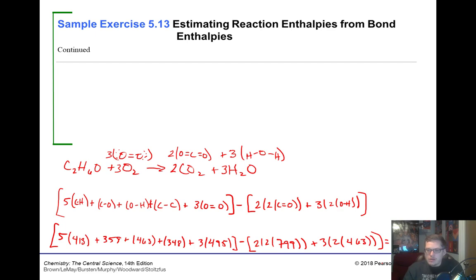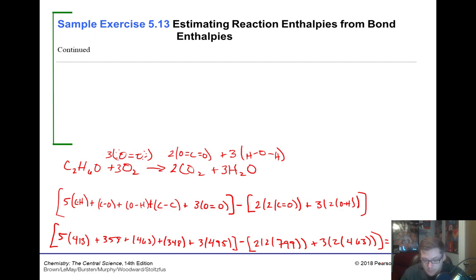Now we have to make sure we put it in our calculator right. 5 times 413 plus 358 plus 463 plus 348 plus 3 times 495.